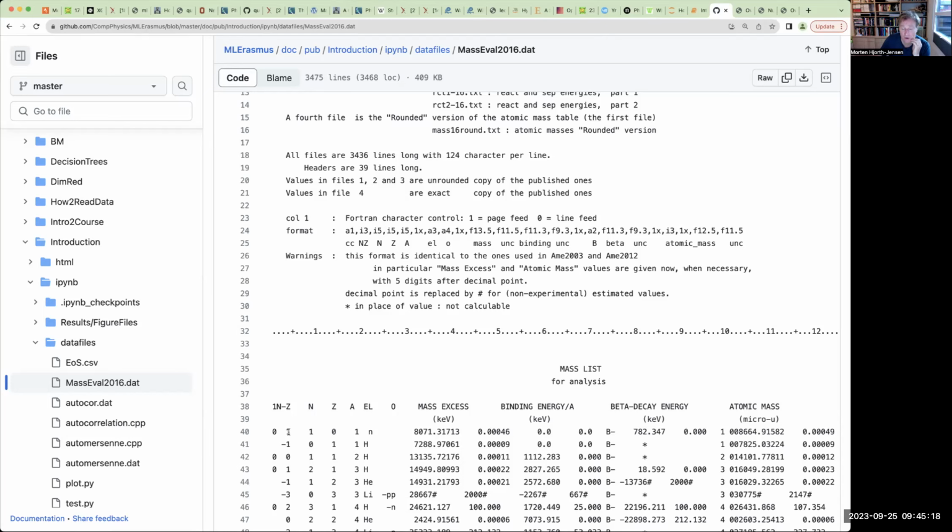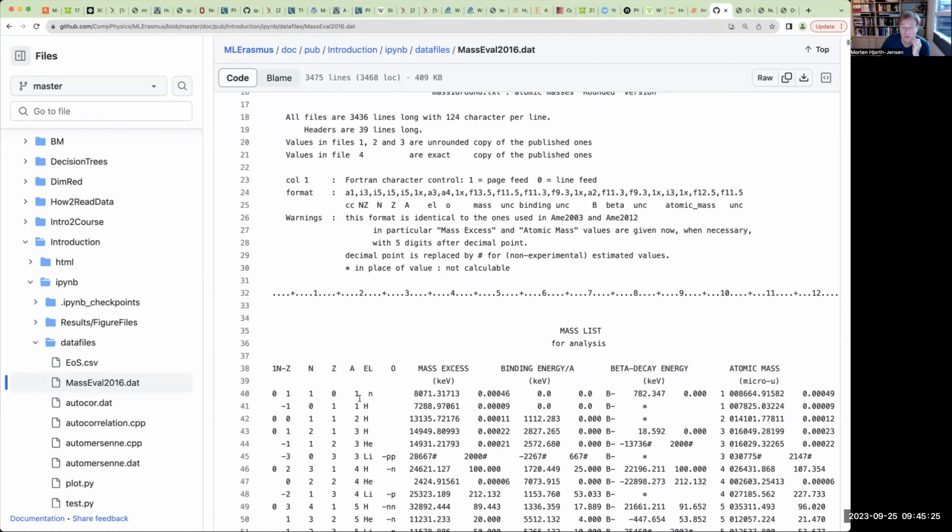The next ones contain the number of protons, the number of neutrons, and the number of nucleons. So this is 1, n minus z, and this is the number of neutrons, number of protons, number of nucleons.